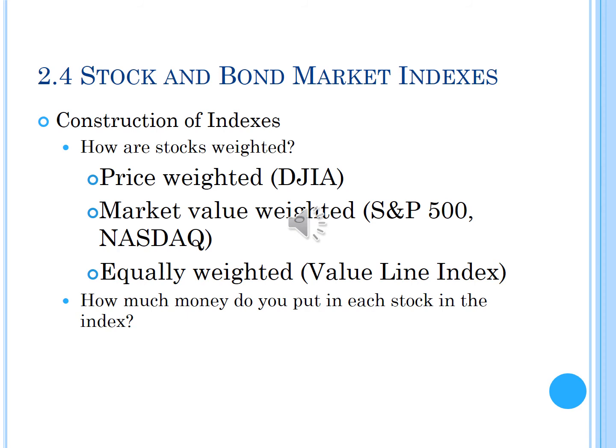How much money you decide to put in each of these indices or each different instrument that we've discussed already would form the 100% of your portfolio, and your allocation of different percentages of your portfolio to different instruments would form the risk tolerance and the shape of your portfolio.